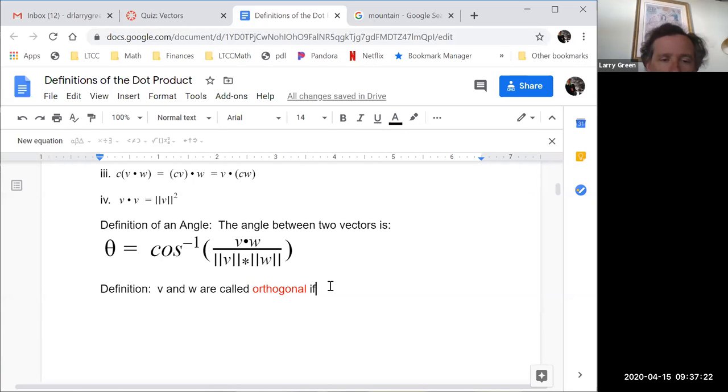Okay, so if theta is 0, but if theta is 0, that means that the cosine of theta is 0, right? Well, if the cosine of theta is 0, then what do you know?